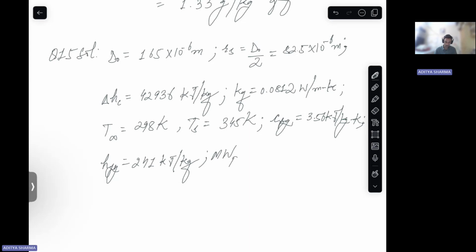Molecular weight of fuel is the molecular weight of C6H14, hexane. 6 into 12 plus 14 into 1.